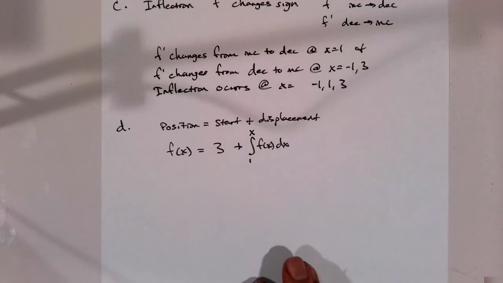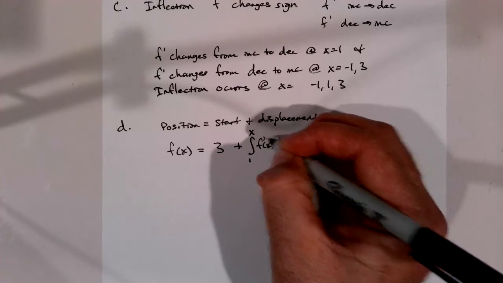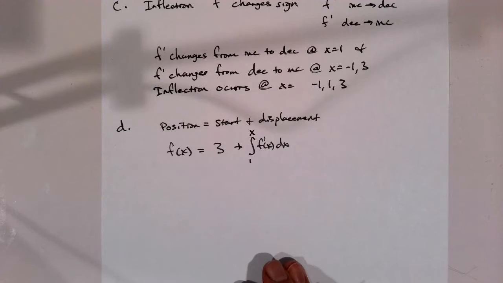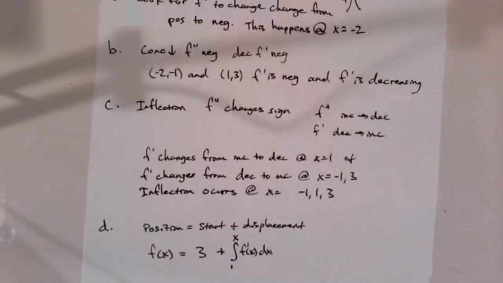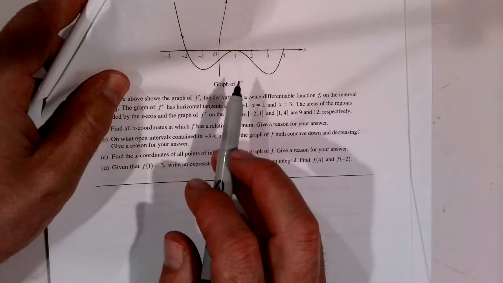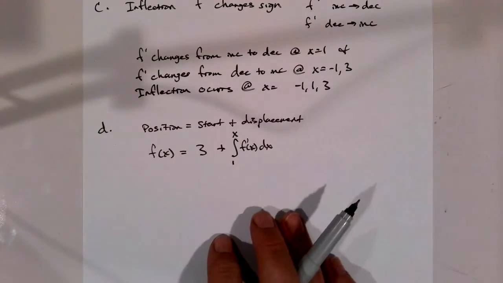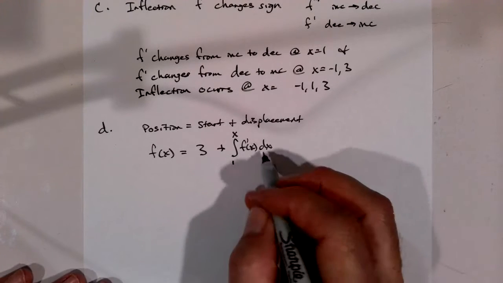Okay. Now, the fact is that I think that they actually use f prime, the rate function there. So that's what we have. So we're wondering about f of x. We take the integral or the antiderivative of f prime to get f. So we have that, okay?